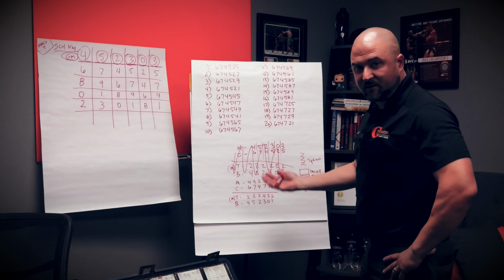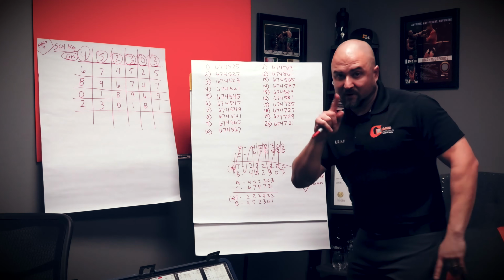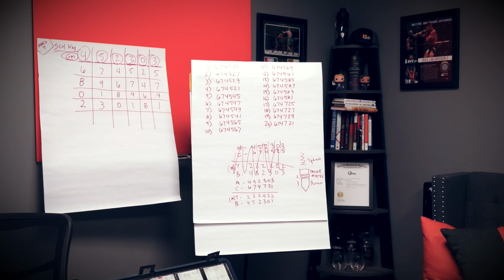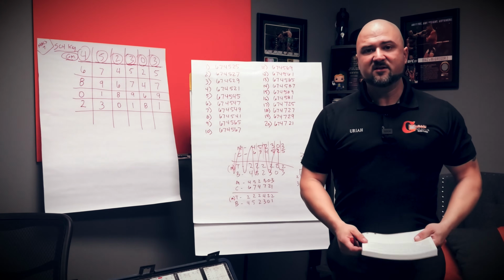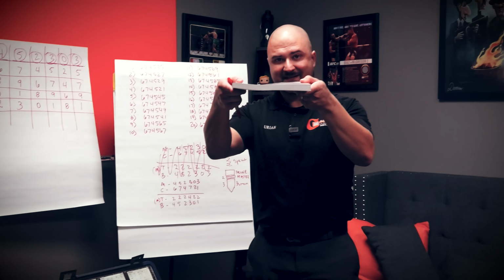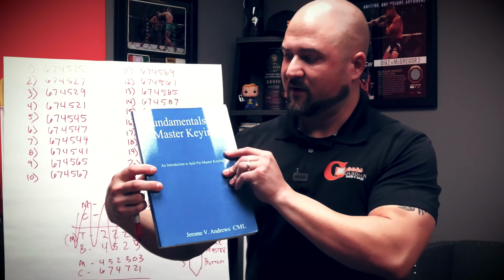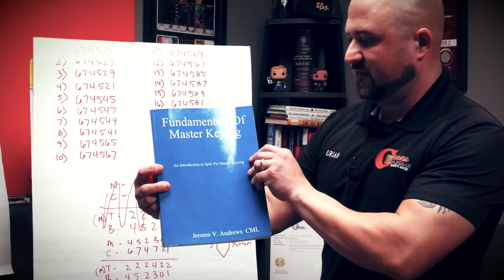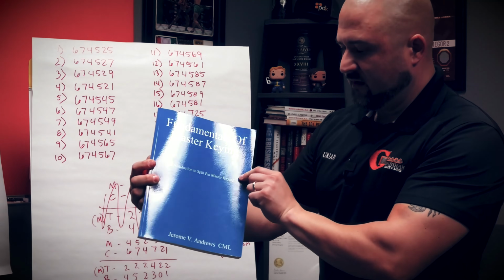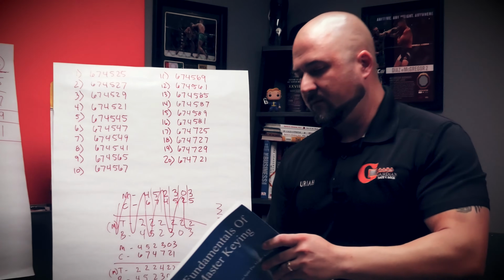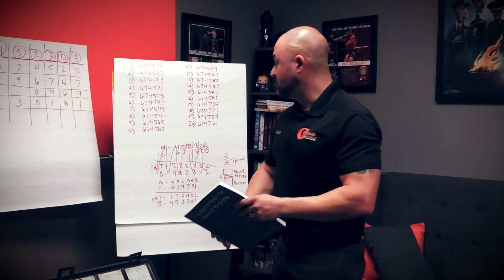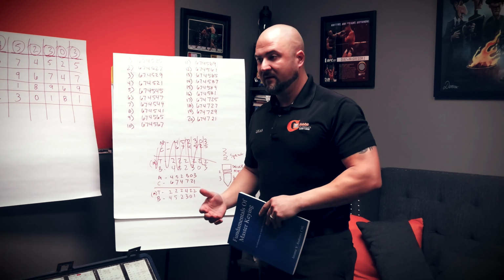Then we can go on a little deeper. Let me grab this book right here out of the picture real quick. This is how much you can do with master keying. See how thick this book is? Here's a book right here. Fundamentals of Master Keying. Introduction to Split Pin Master Keying by Jerome Andrews. So with this book, you can do some really crazy stuff with master keying.